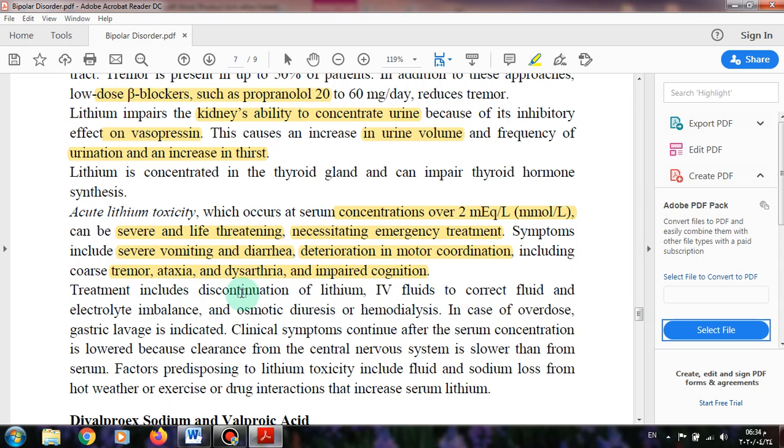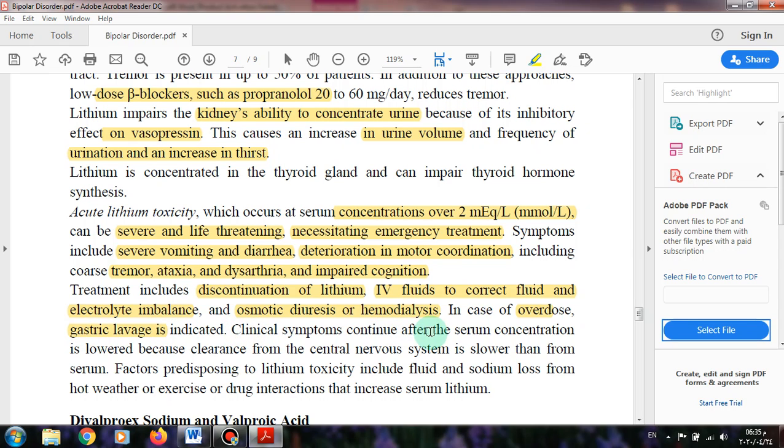Treatment includes, first, discontinuation of lithium; second, administration of IV replacement fluid to correct the fluid and electrolyte imbalance that results from the severe diarrhea and vomiting associated with lithium toxicity, in addition to osmotic diuresis or hemodialysis to get rid of the lithium from the circulation. In case of overdose, gastric lavage can be indicated.